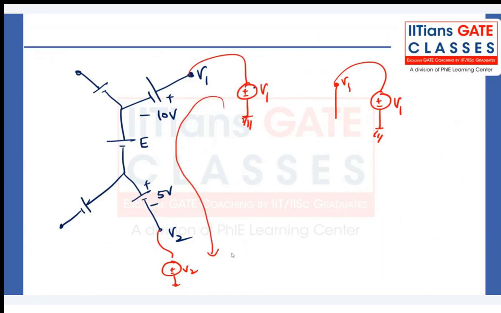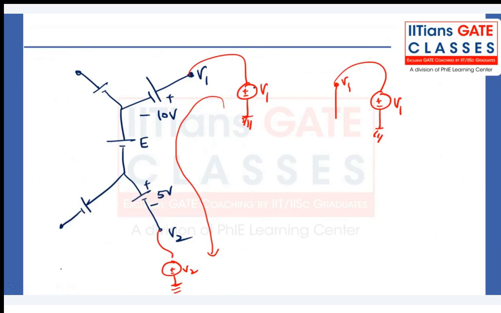Because these two grounds are at the same potential, so we are forming one closed loop only. We have to consider by observation. You can't see it, but yes. Now you can apply the KVL. I have told you a very easy method. Because these voltages are known, you can apply it. You can say here we can't apply KVL because we don't know the voltage here, until somebody specifies. So you can apply here.